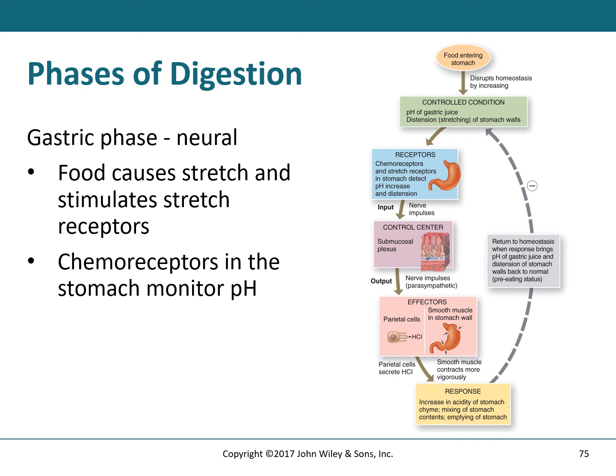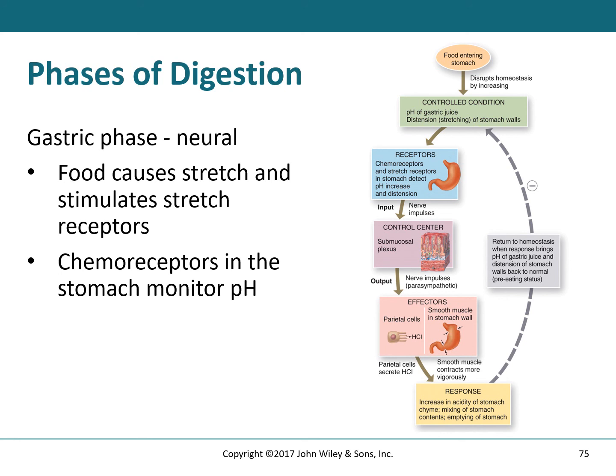If you see here, food enters the stomach, and what it does is it disrupts the controlled condition. It changes the pH of the gastric juice, and it distends or stretches the stomach wall. In response, certain receptors, which are chemoreceptors and stretch receptors, are going to detect this change, and they're going to send nerve impulses to the submucosal plexus.